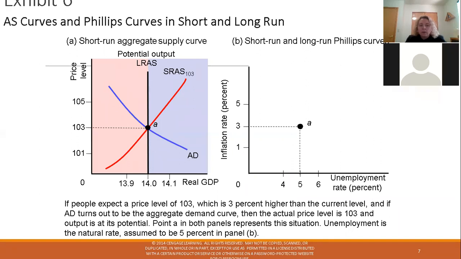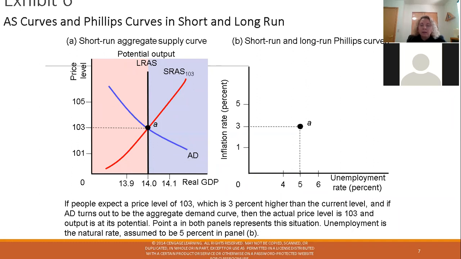And when we are experiencing that perfect equilibrium, you can see in this case we have a price level of 103. If you have a price level of 103, that's an index, remember?